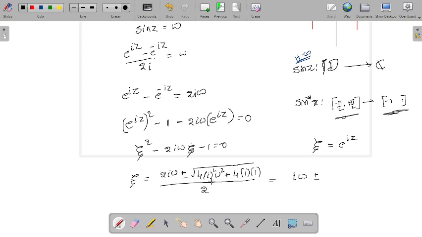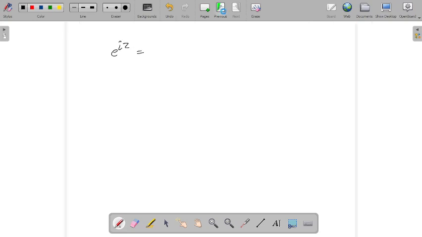So e power iz equal to iw plus or minus the square root of 1 minus w square. Now therefore iz is nothing but ln, like log, of this function, iw plus or minus the square root of 1 minus w square.